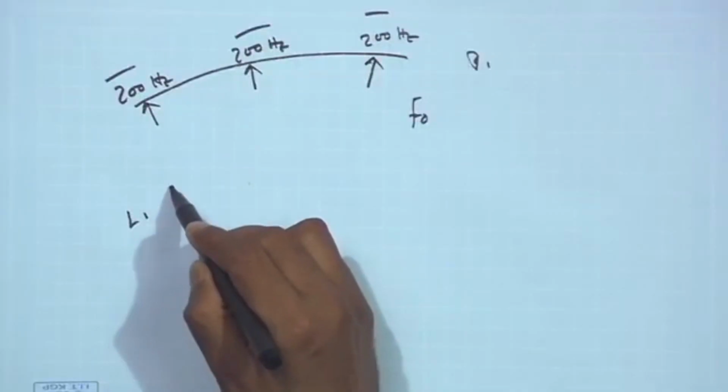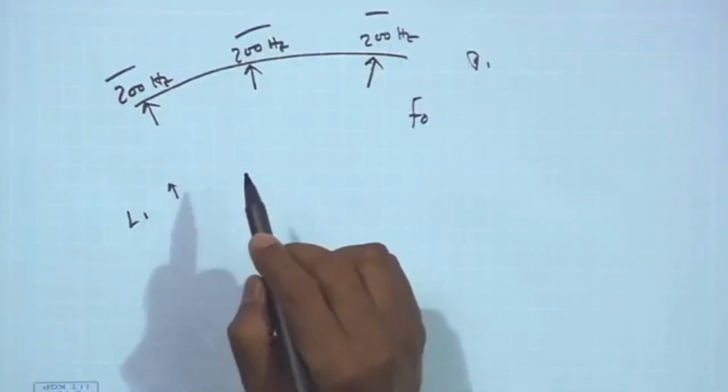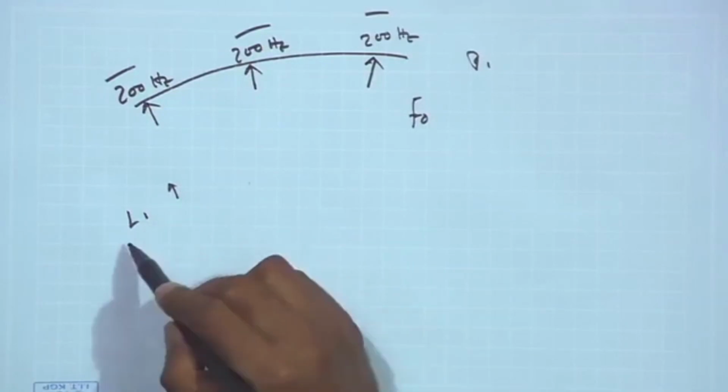Timbre or sound quality. I can give an example: the same musical grammar and same lyrics generated from two female speakers. Let us say Lata Mangeshkar sings a song, a recorded song.